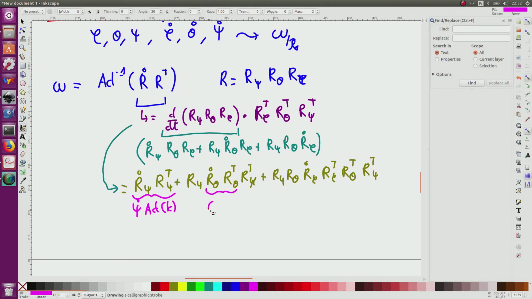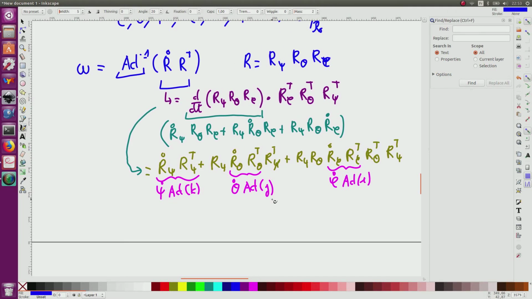This one corresponds to theta dot adjoint of j. This one corresponds to phi dot adjoint of i. So now, of course, recall that I have this one which is here, which is in a factor of everything.